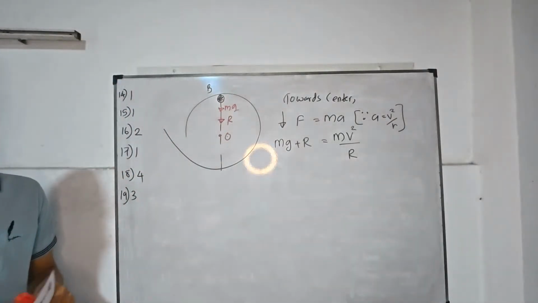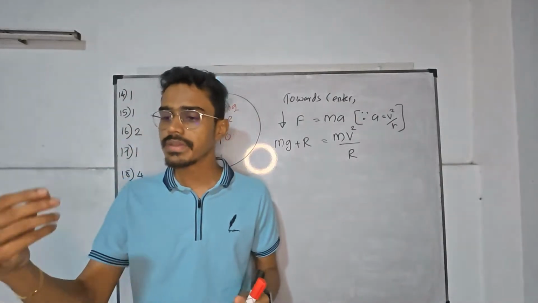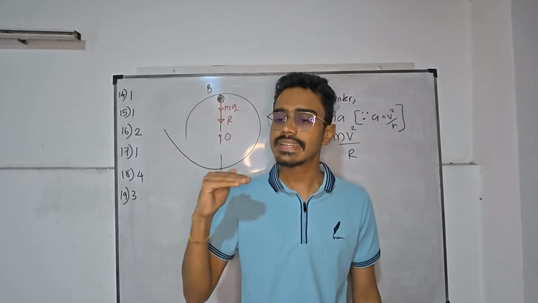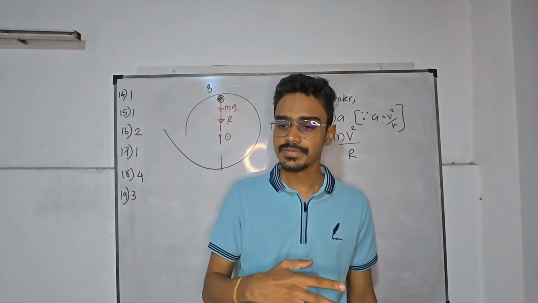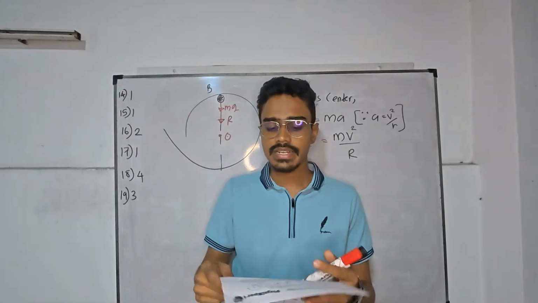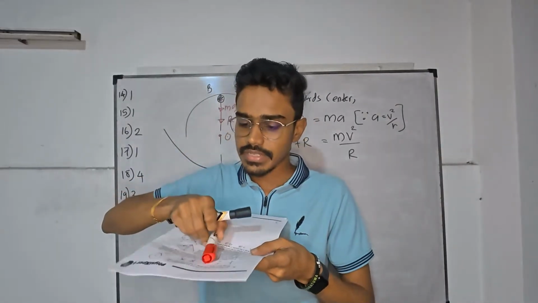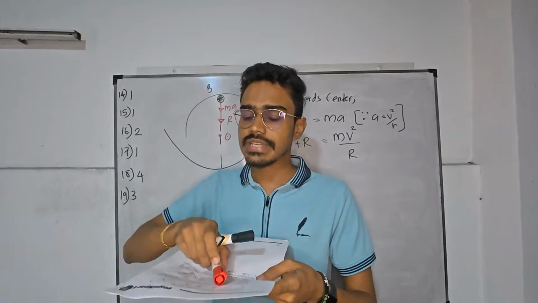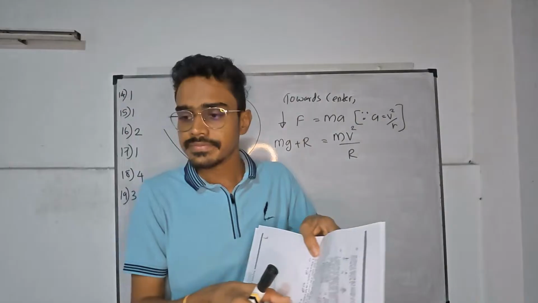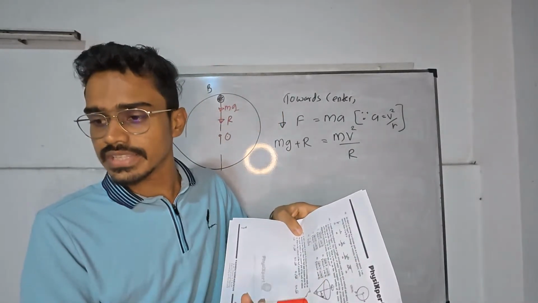Now I'm going to state my argument. If an object leaves the surface, reaction becomes zero. If any object is in contact with the surface, reaction is greater than zero, because it is in contact. If it leaves the surface, suddenly the reaction becomes zero, because it's losing the contact.